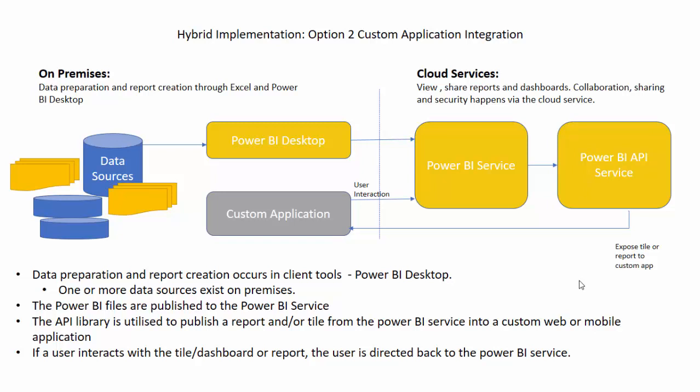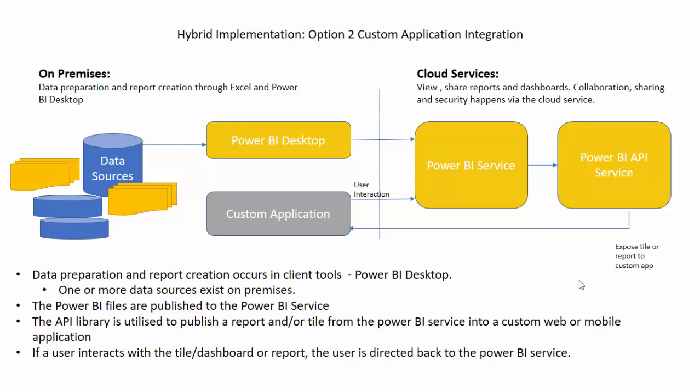So if we want to publish a Power BI tile in a custom application, we need to generate a code, and that code gets embedded in the custom application. So we've built our report in Power BI Desktop, we put it on the Power BI service, then we generate some code, we pass it on to the application. So the application can show tiles for visualization purposes.